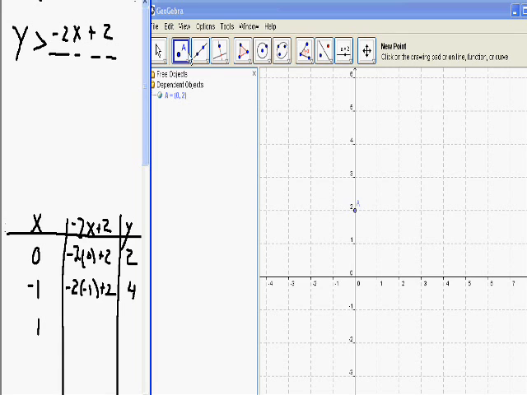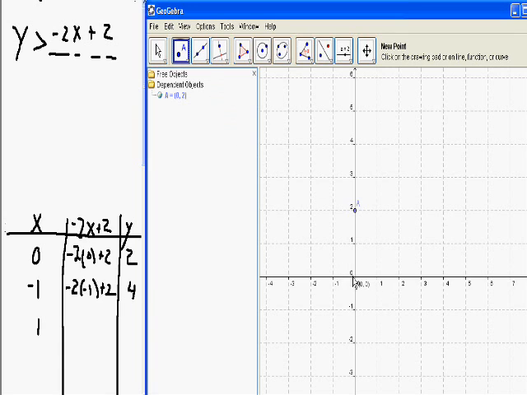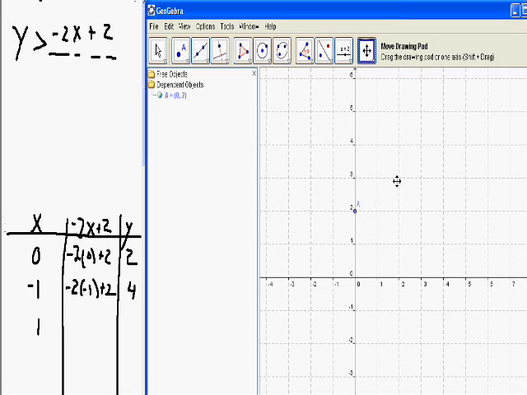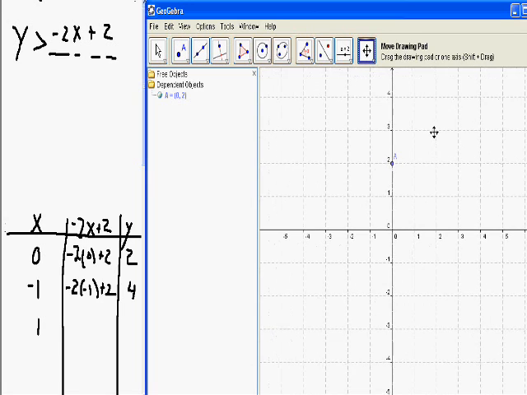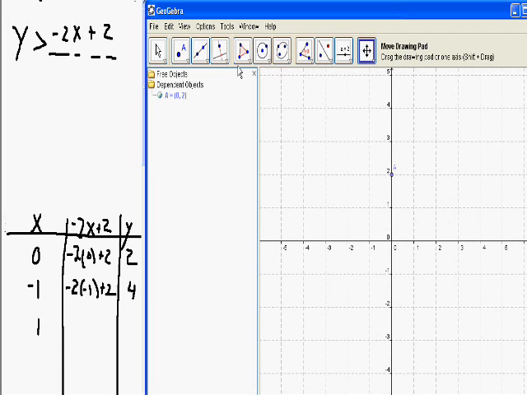So I go back to my grid, to negative 1, down to 4. Let me slide the grid to the area that I can see. I plot it at negative 1 and 4, and there's point B.